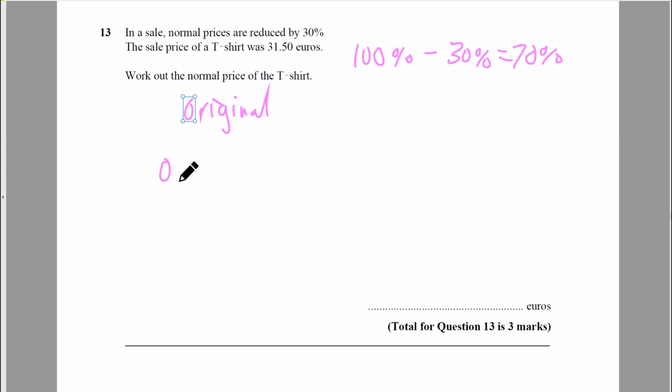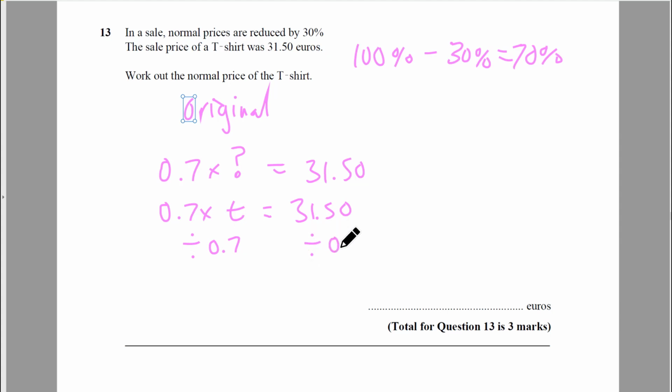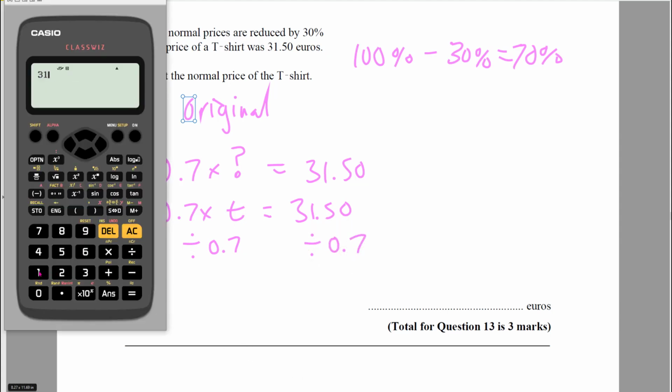So that's 0.7 times what I call, I'm just going to use a question mark, shouldn't use the letter X, equals 31.50 now, right? 70% of something. So let's call that a T for t-shirt. So what do you need to do here? Divide by 0.7. That's your working out. Use your calculator. See if it makes sense.